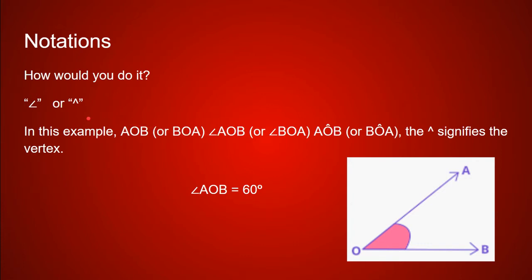You can write any of them, but I'm just going to go with AOB. After that you have to either put an angle symbol here, or put a cap over the vertex, because the vertex is the connection between the two lines, which actually makes an angle. That represents what angle we are measuring.